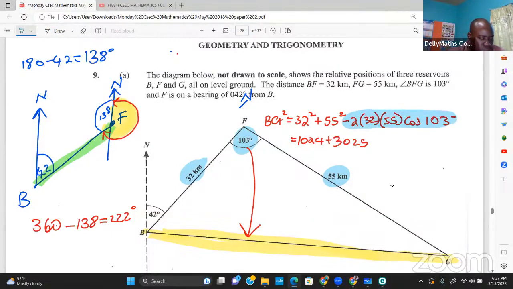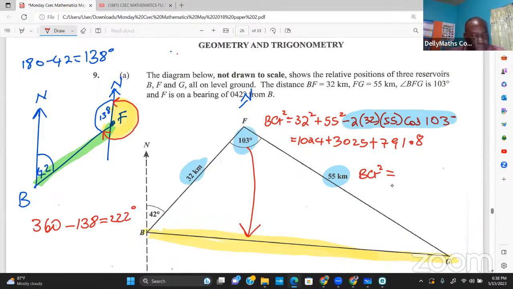So it's -2 times 32 times 55 times the cosine of 103. And I'm getting a positive 791.8. So we're going. Let's put all of that together. So now I could write BG square is 1,024 plus 3,025 plus 791.8. Make sure that everything is spot on.